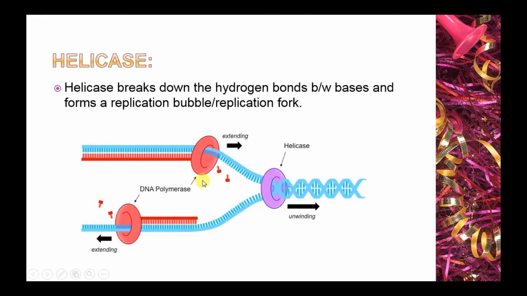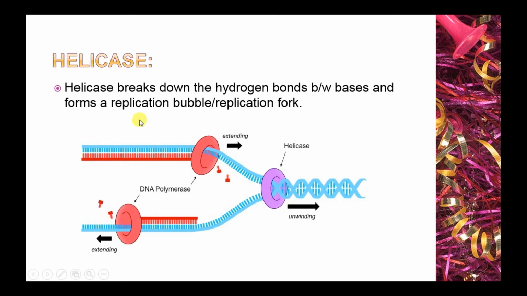Okay, now let me revise it again so that it may be clear to you. Helicase basically works as an unzipping enzyme, which will break down the hydrogen bonds present between the nitrogenous bases.